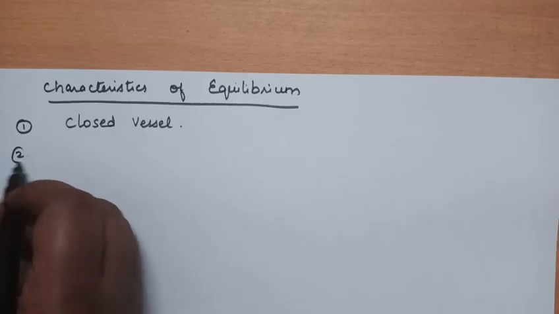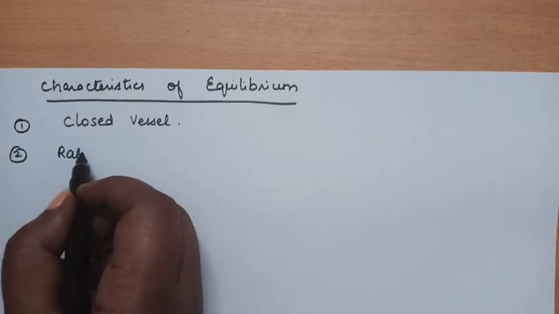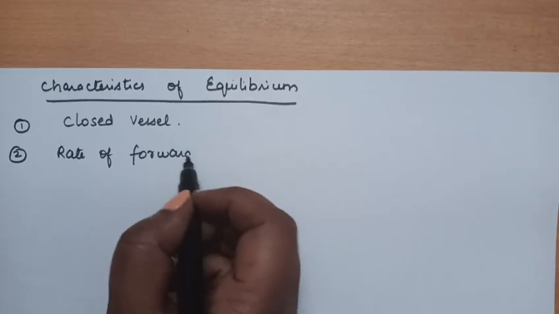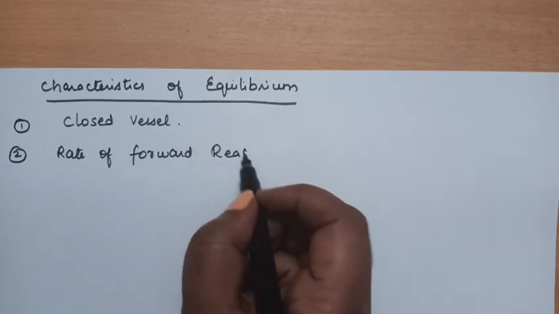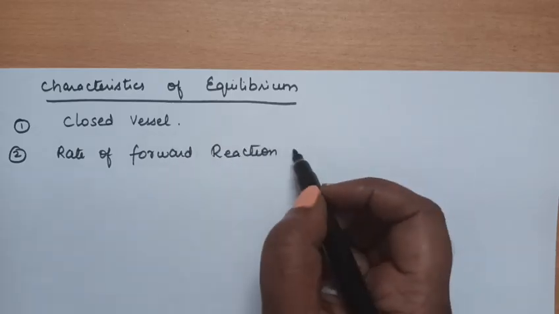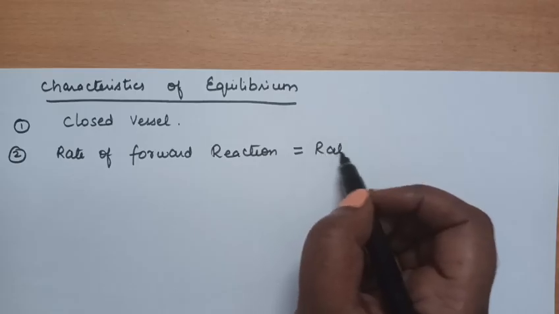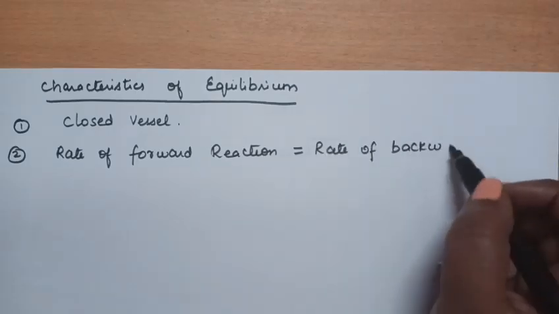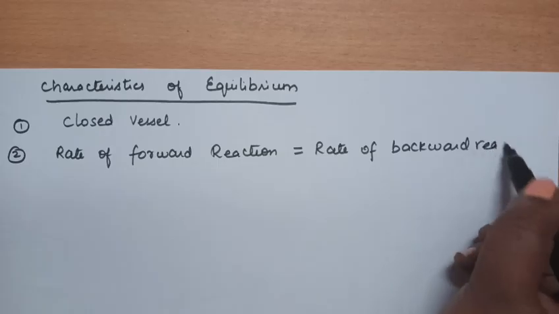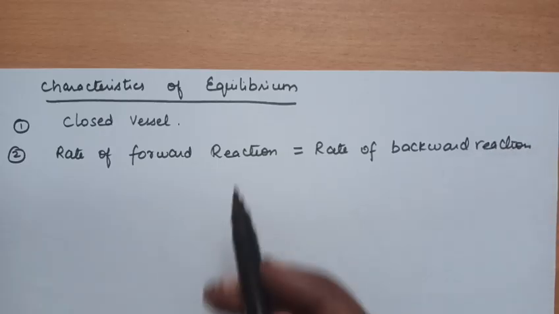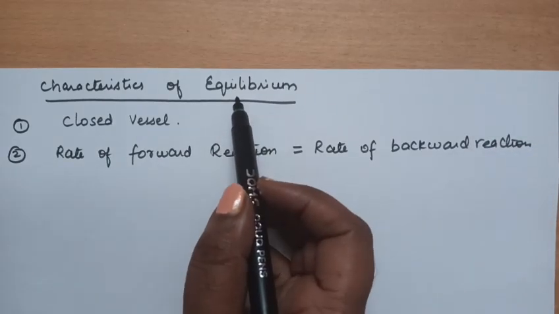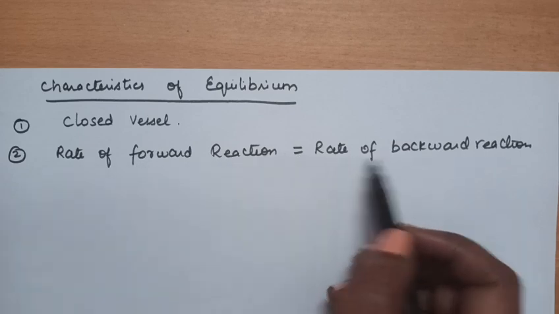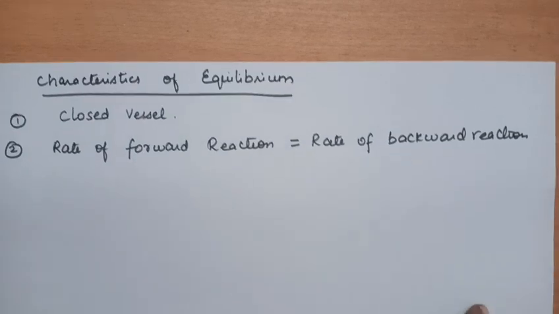Second is, the rate of forward reaction is equal to the rate of backward reaction. So students, at equilibrium you can see the rate of forward reaction will be equal to the rate of backward reaction.